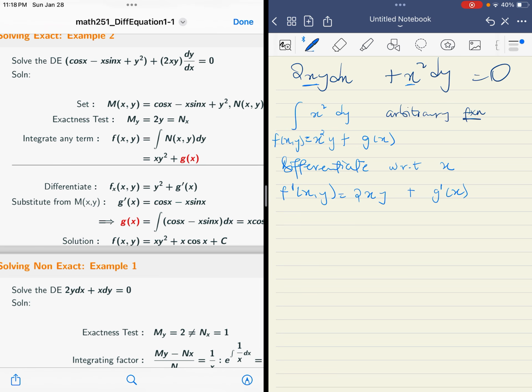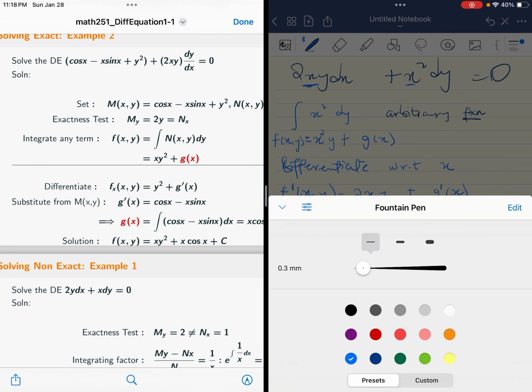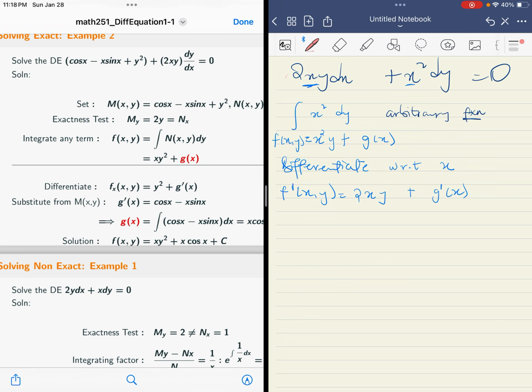Awesome. We are seeing 2xy again. Where did we see it first? We saw it in our M of x y right here.